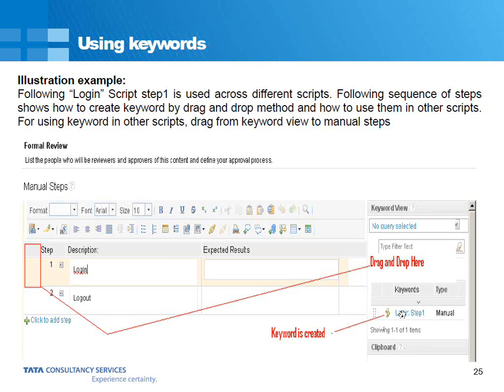So when you create a new test script or a new manual step, just drag and drop the login step. Automatically the step will be created for you. You don't have to create it once again. So basically this is the reusability feature, where we can reuse a test script for other test scripts.